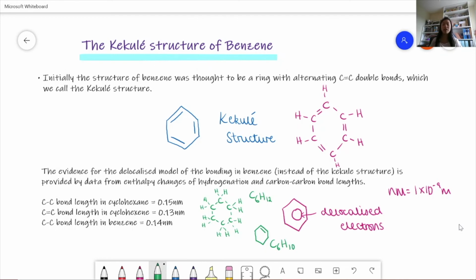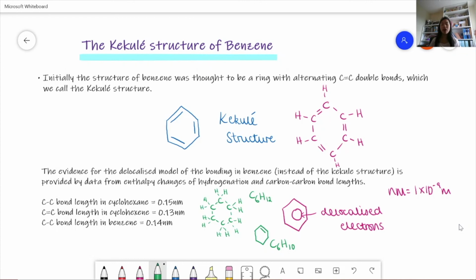And this carbon-carbon double bond length is measured to be 0.13 nanometers. So it's a bit smaller than the carbon-carbon single bond. And this is because the bond's stronger between the 2 carbons, and so it kind of pulls the 2 carbons in. And so this is why the bond length is smaller.